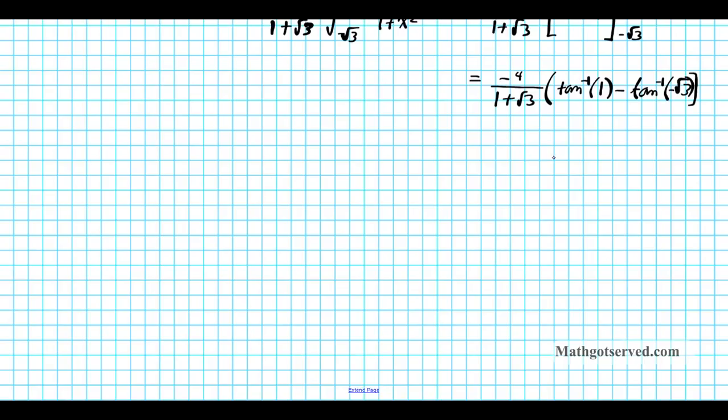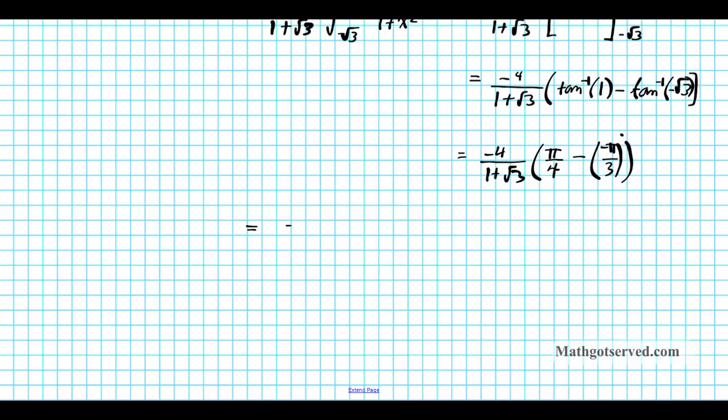Using your knowledge of trig, negative 4 over 1 plus root 3 times inverse tan of 1 is pi over 4, and inverse tan of negative root 3 is negative pi over 3 there. And then find the LCD and simplify.